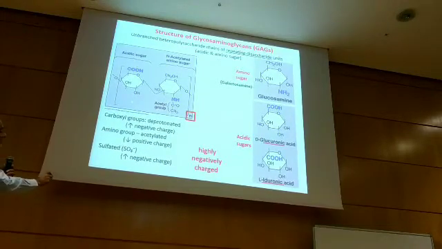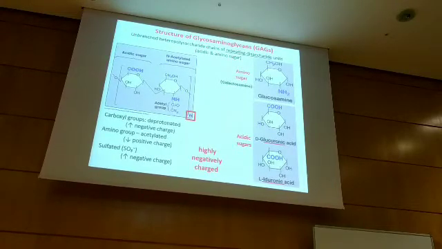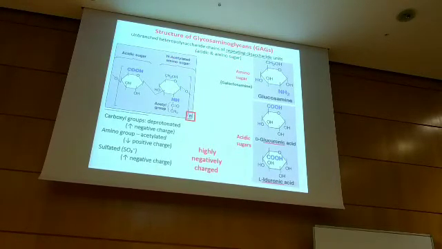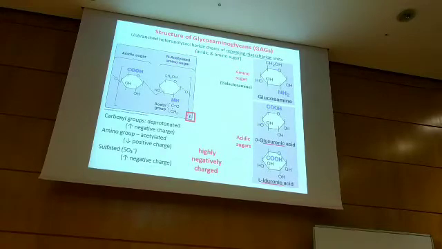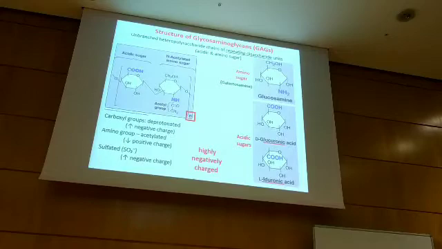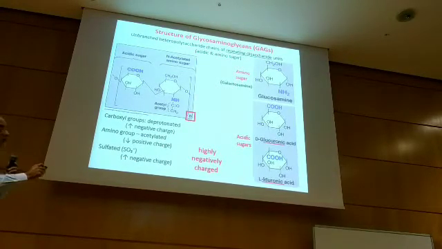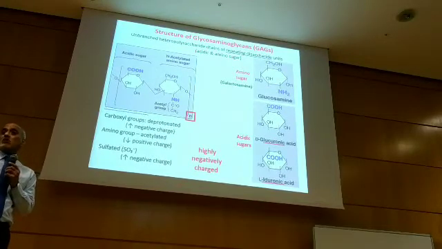All GAGs are made up of two parts: an acidic sugar attached to an N-acetylated amino sugar. An acidic sugar, normally this would be CH2OH. Because it has become a carboxylic acid, we call it an acidic sugar. This would be a monosaccharide.